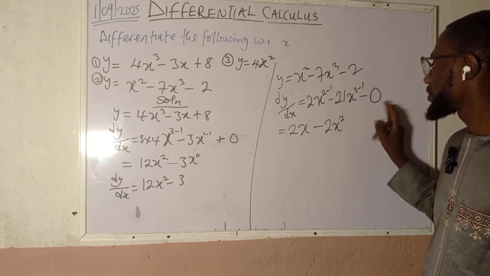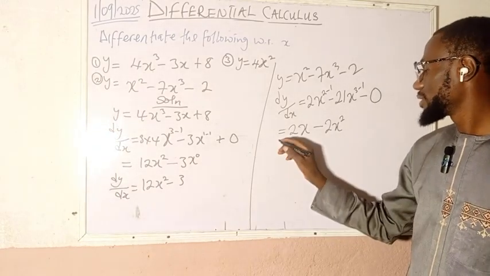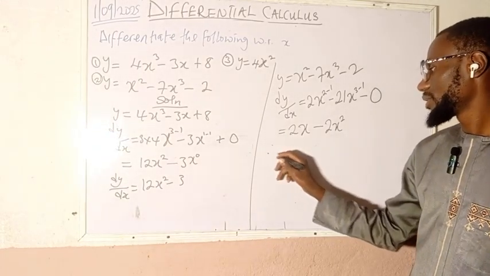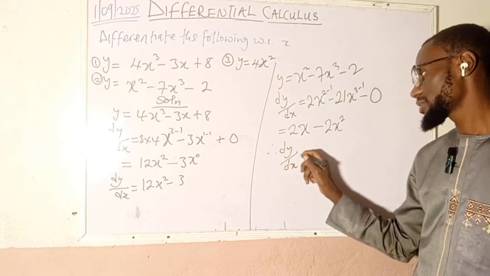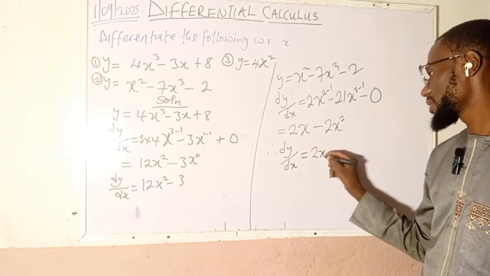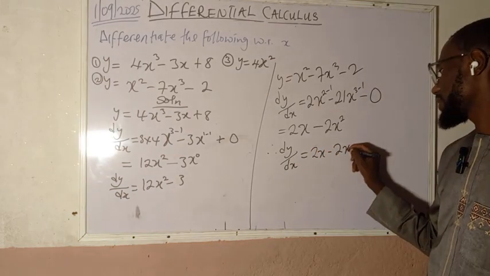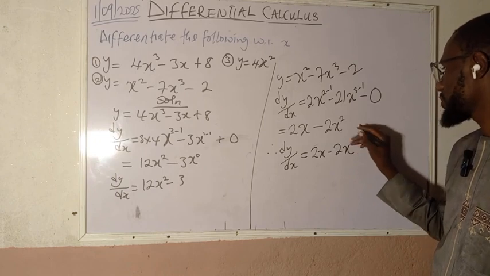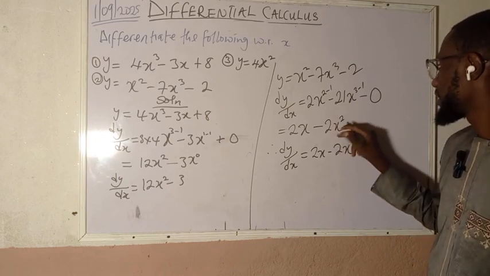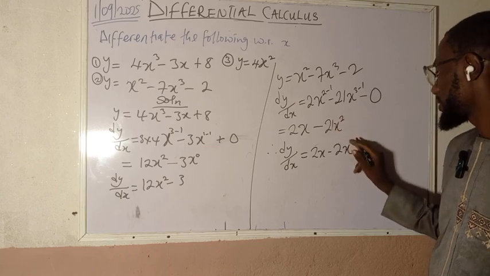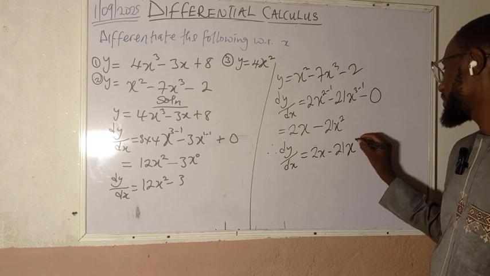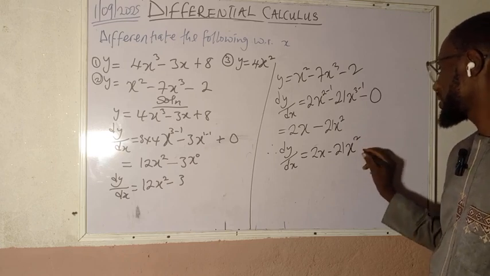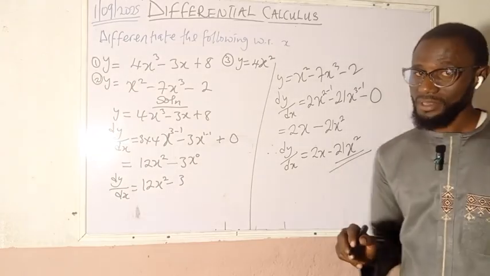Then minus 0. Therefore dy over dx is equal to 2x minus 21x squared. That is the answer for this.